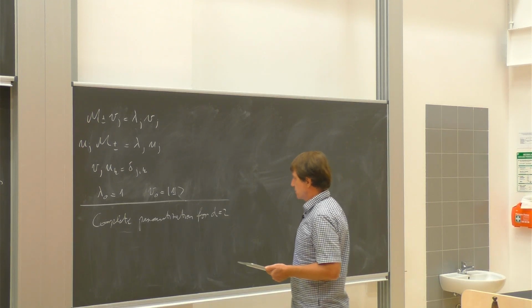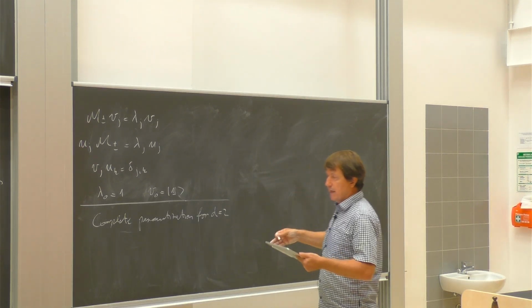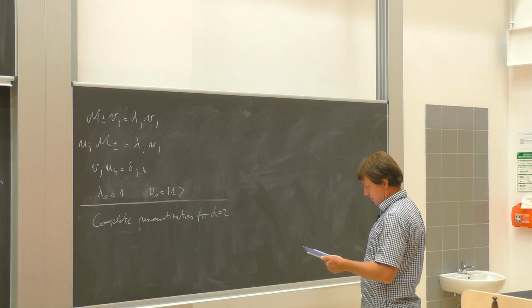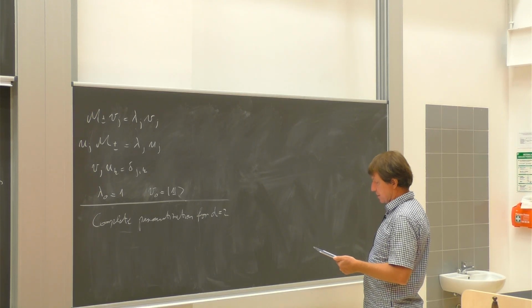So let's try to see what is the most general manifold of dual unitary gates for a certain Hilbert space dimension, let's say for qubits.